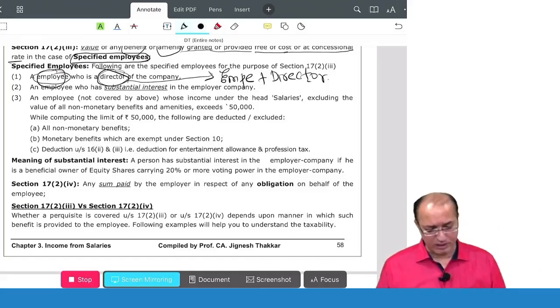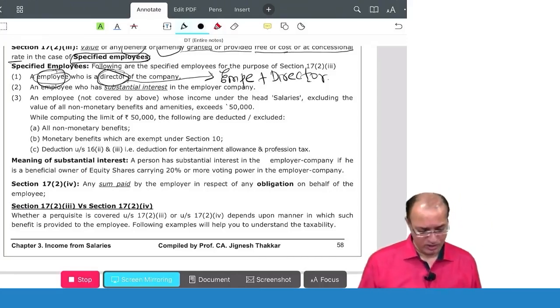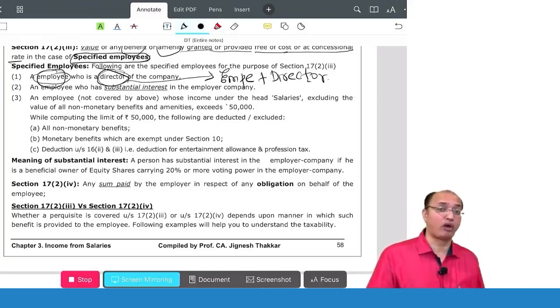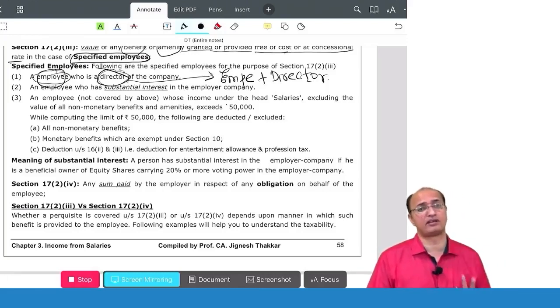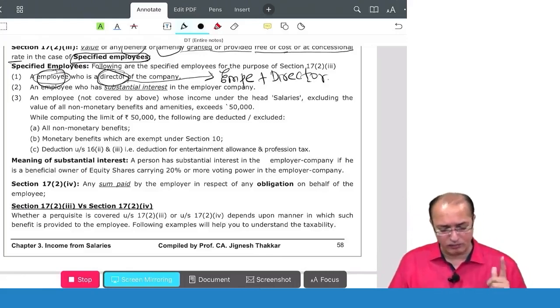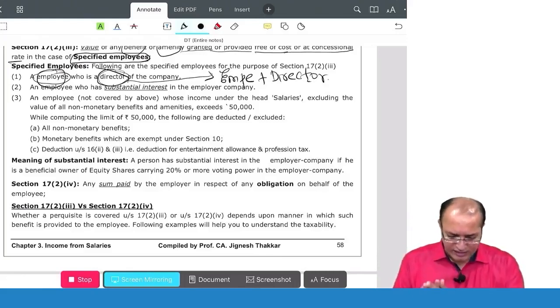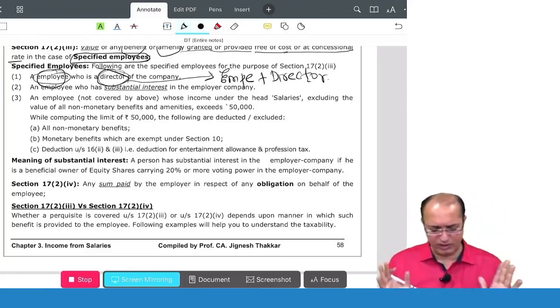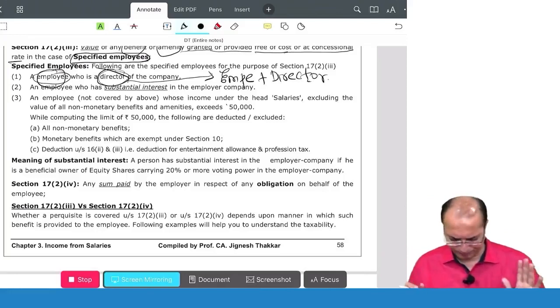And for becoming a specified employee, a person should be an employee, then he should also be a director. Both the parameters are required to be fulfilled. So this is one of the points where I do not agree with what ICAI says in the module. But yes, ICAI, you have to follow whatever they say, even if it is wrong.